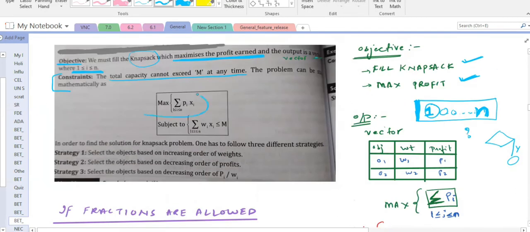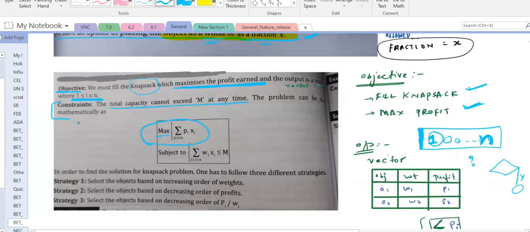So that is what they're saying. What this says is you are going to maximize. You remember union in the previous example? This symbol is called sigma. Wherever you see this, it is nothing but add all elements.